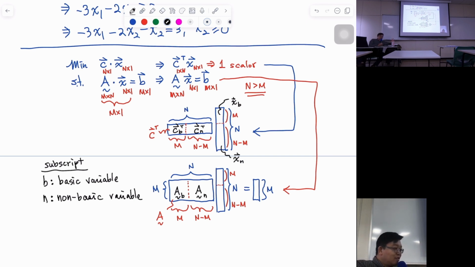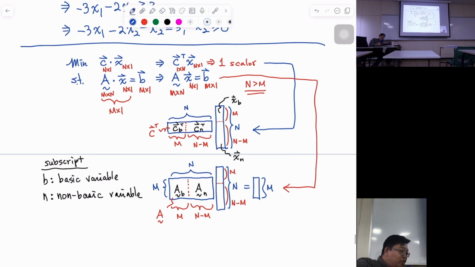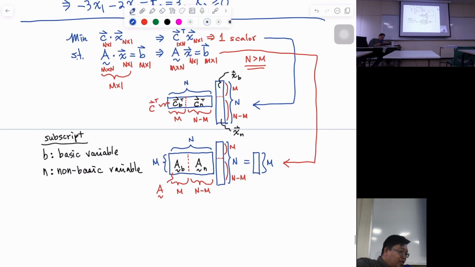If we do that, what happened? We can rewrite the equation into the following. We are basically doing CB dot product with XB plus CN dot product with XN. Or if you don't like dot product, basically transpose: CB transpose XB plus CN transpose XN. Okay?